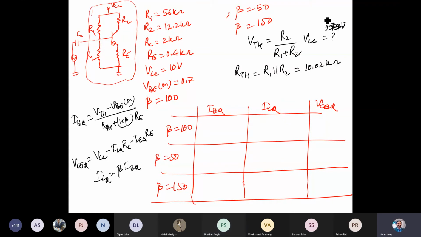So this is the 1.79. Find out IBQ, that's the first step. The second step is finding IBQ, then ICQ, then finally the output voltage. So beta equals 100, and then you can work it out.